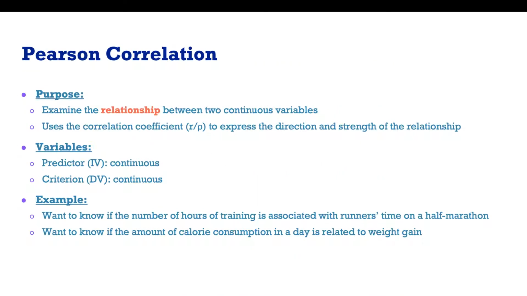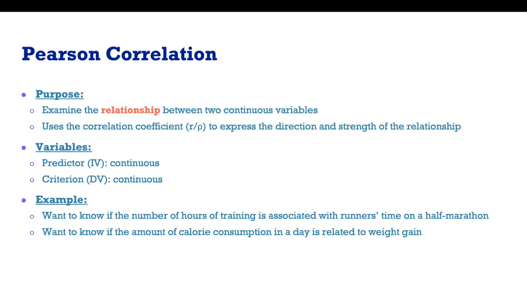So the Pearson's correlation, again, examines the relationship between two continuous variables, and we use rho to represent the correlation coefficient, and that expresses the direction and the strength of the relationship. It expresses the direction by being a positive or a negative number, and then it indicates the strength of the relationship by how close that number is to 0 or 1.